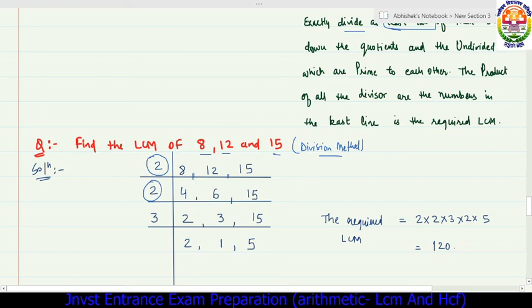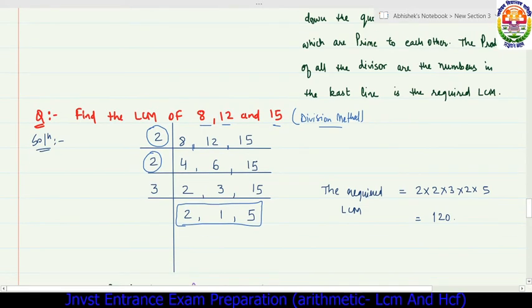I cannot take 2 because it divides only one number. 3 divides 3 and 15, so I take 3. 2 is written as it is, 3 ones are 3, and 3 fives are 15. Now the remaining portion is such that no number divides two of them, so the LCM division stops.